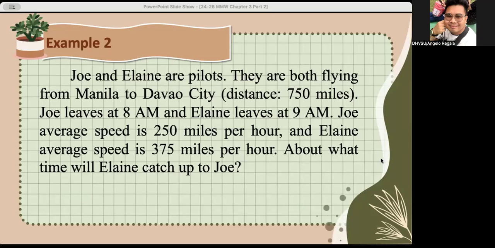Pero yung speed ni Joe is 250 which is mabagal kumpara kay Elaine na 375. So, in that case, makakahabol nga si Elaine. So, ang tanong is, anong oras? Okay, hindi niya tinatanong is ilang oras bago mahabol, kundi exact what time. Okay, so to solve, we can draw a diagram.